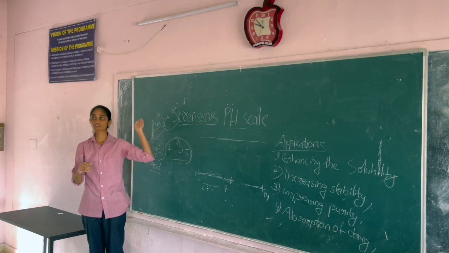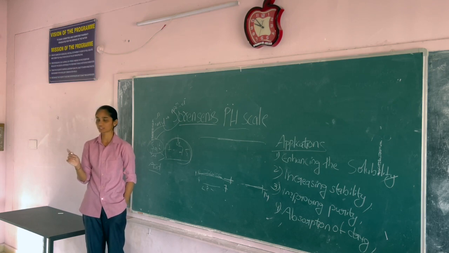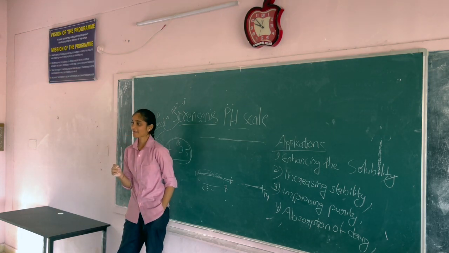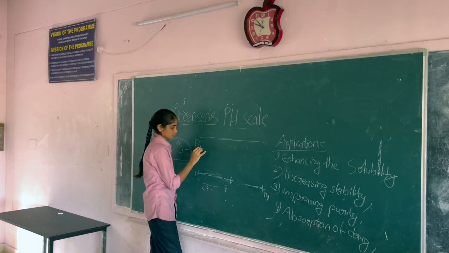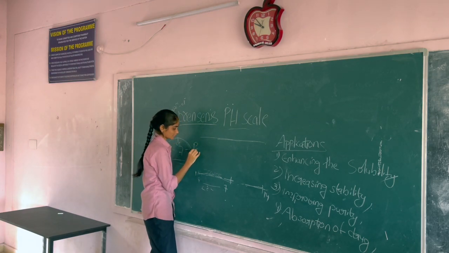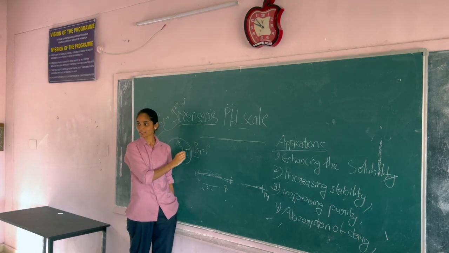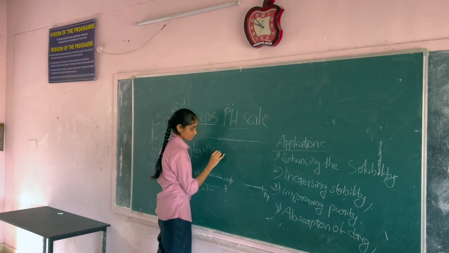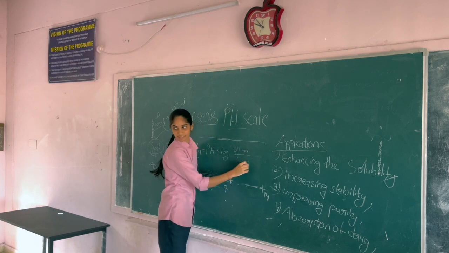This unionized form also depends upon the pKa of the solution and the pH of the solution. If we recall the Henderson-Hasselbalch equation, what is the equation? pKa is equal to pH plus log of unionized form by ionized form.